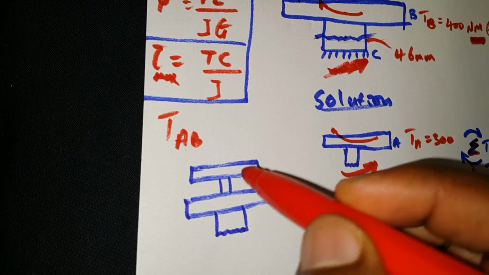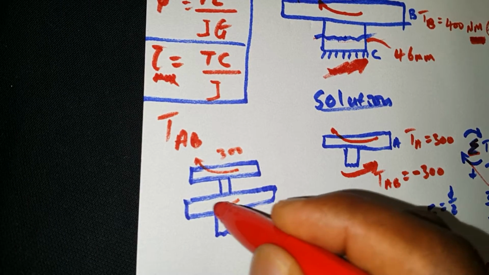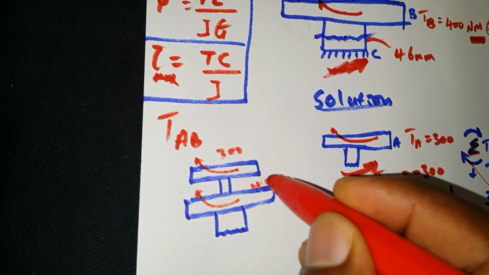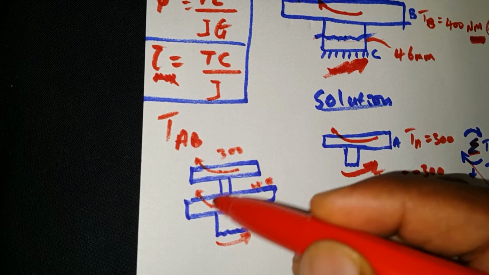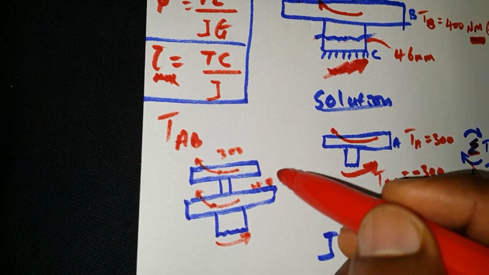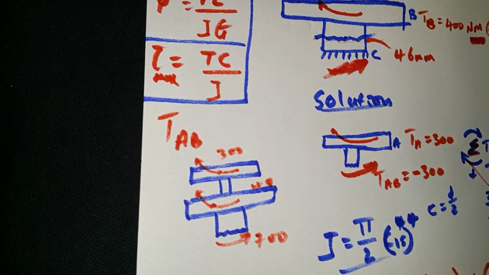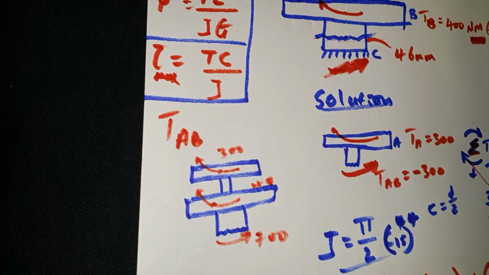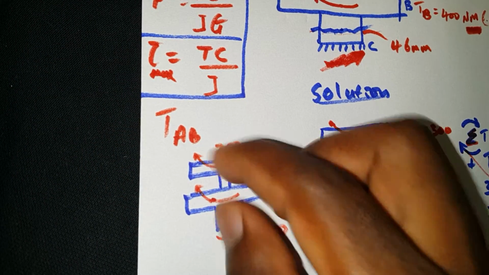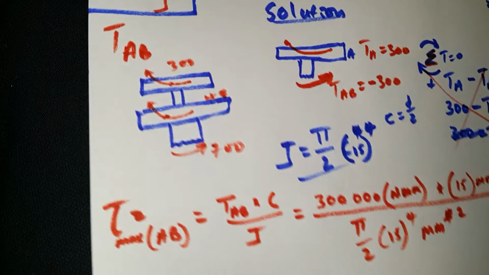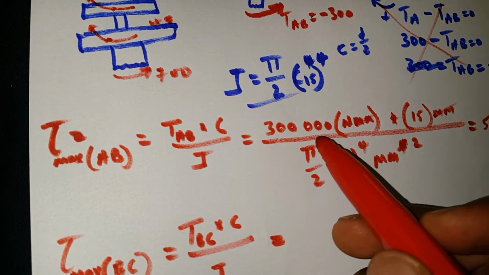If this place is 300 and this place is 400, then what is this place? The addition of these two should be 700. So we say that the torque at BC is 700.